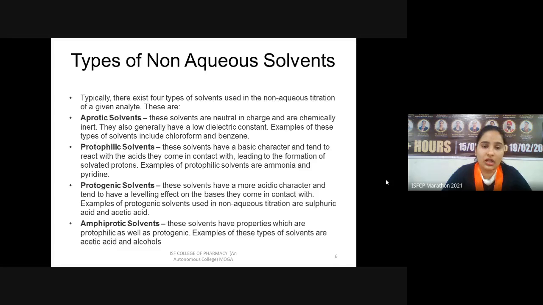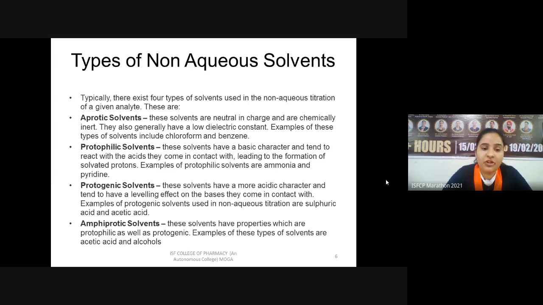Acetic acid acts as an amphiprotic solvent because acetic acid contains an alkyl chain also. Because it consists of only carbon and hydrogen, that portion is completely organic, so it is acting as a completely non-polar part.